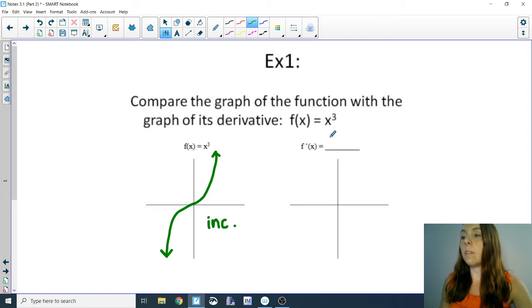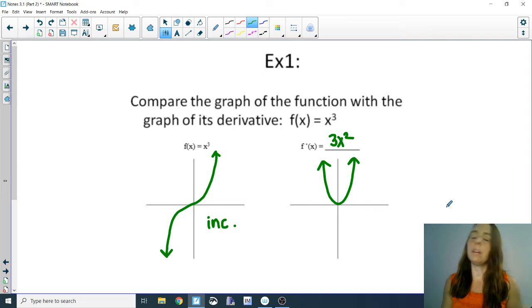The derivative of x cubed is what? 3x squared, right? Okay, and so let's just do a sketch of what 3x squared could look like. And what you're going to see is that you can't label this graph as also increasing throughout.